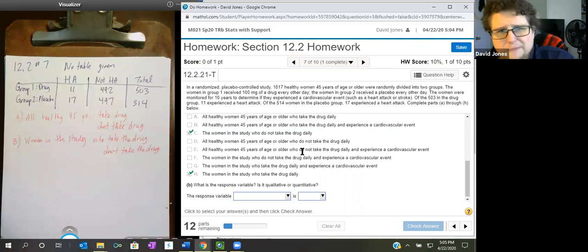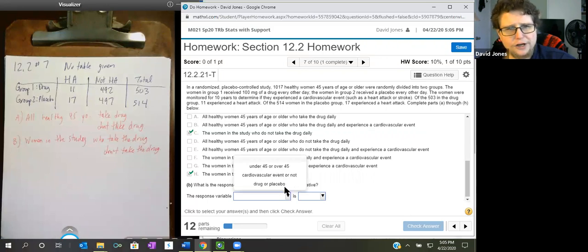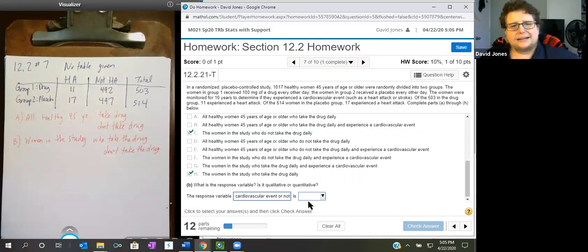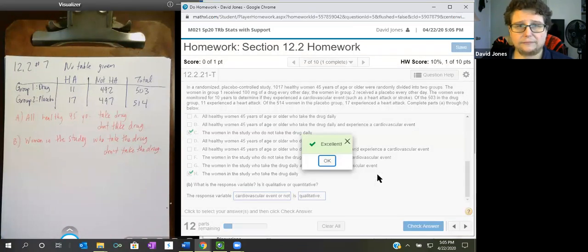The response variable is whether or not they have a cardiovascular event. The response is yes or no. Yes or no is not a number, it's qualitative. It's not quantitative because it's not a number. Okay.